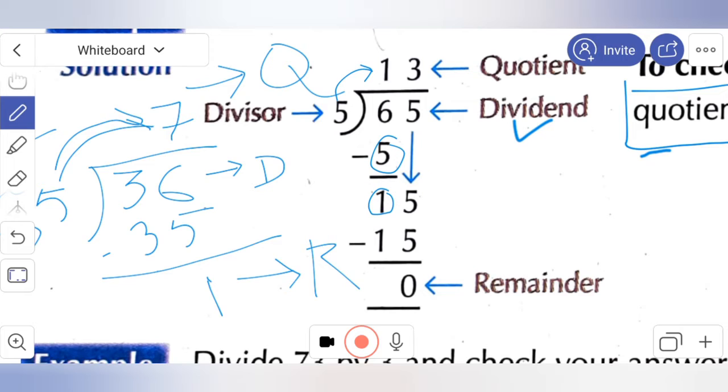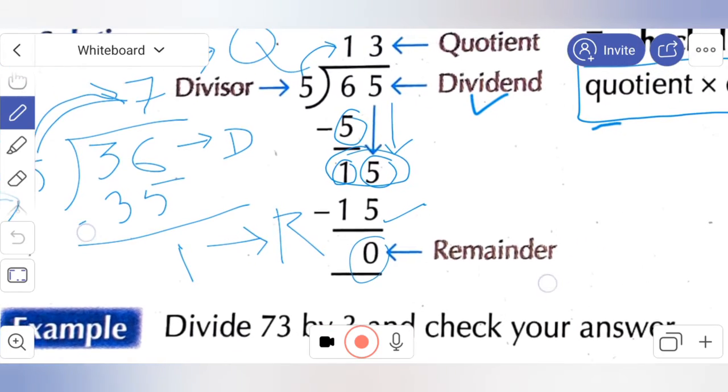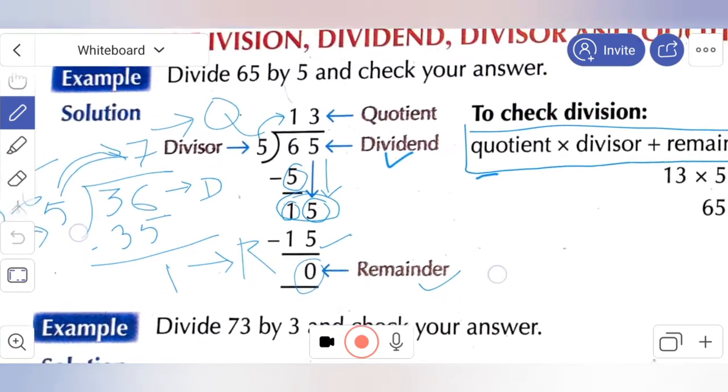Now after that 5 and 1 you cannot divide, so bring down the next digit, that is 5. 5 comes down. Now we have to do 5 and 15. So 5 3s are 15. Then after that you have to subtract. So 15 minus 15 is 0. Remainder how much? We got 0.